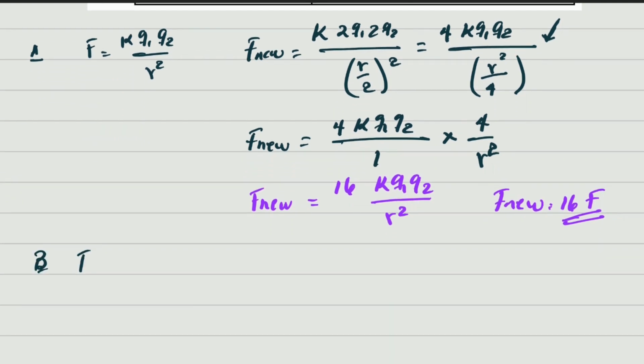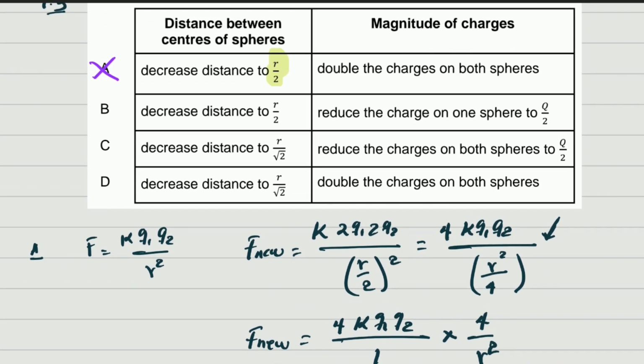So for B, we're starting with the force K Q1 Q2 divided by distance squared, and we are going to change it for the new force. We are going to make the changes they are telling you there on top. So for B, they say that the distance is decreased by half, but they reduce the charge on one sphere to half.